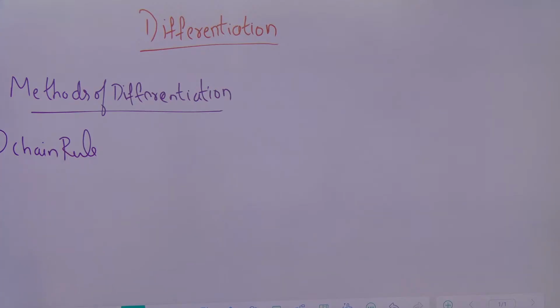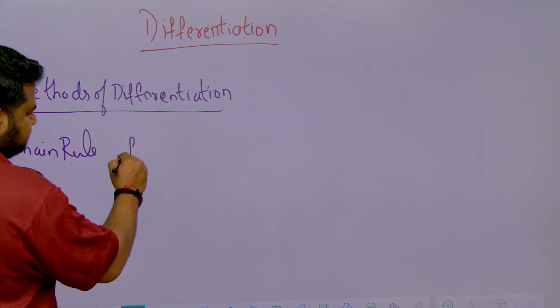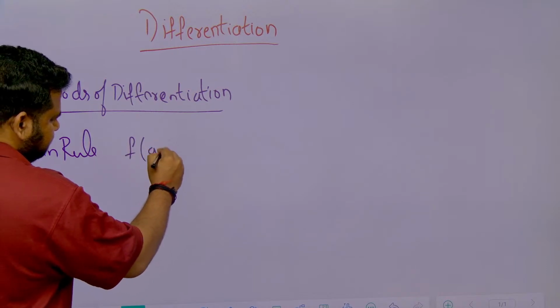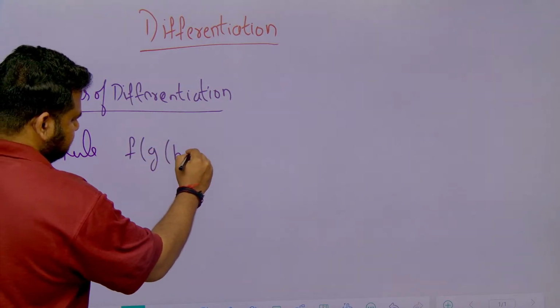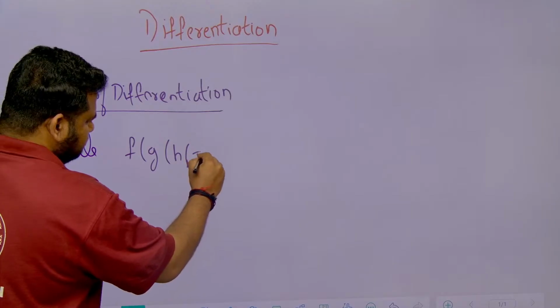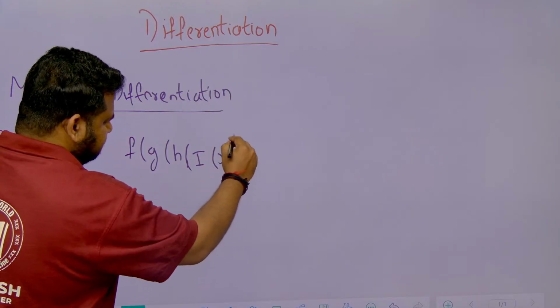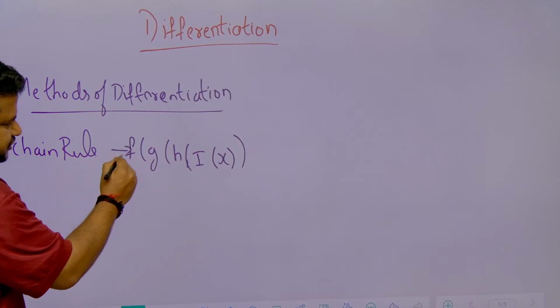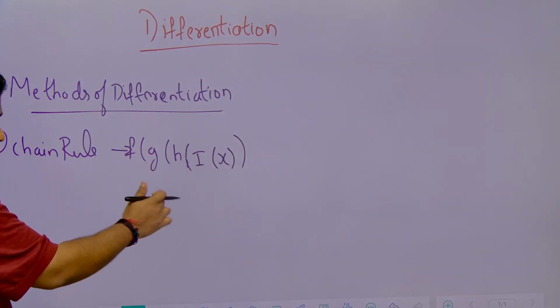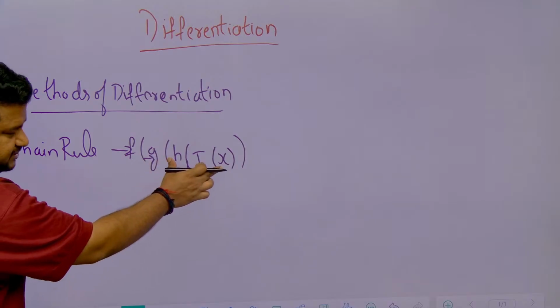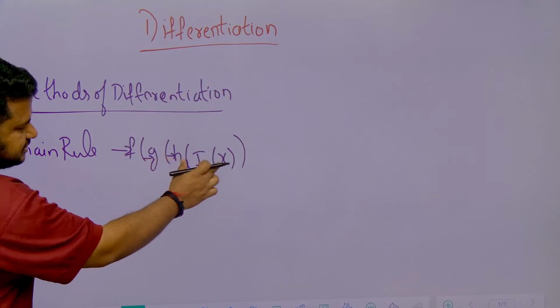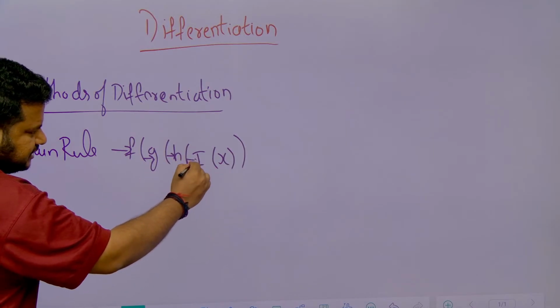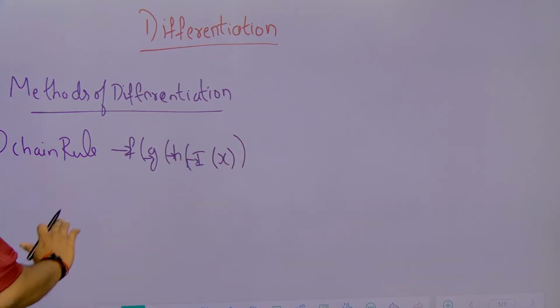If there is a function within a function given, from outside you will apply differentiation. First you will differentiate the outer function, whatever is inside you will write as it is, then you will differentiate the next one, whatever is inside you will write as it is, then you will differentiate the last term. This is the chain rule, when a function within a function is given.